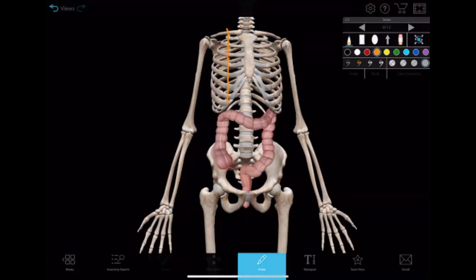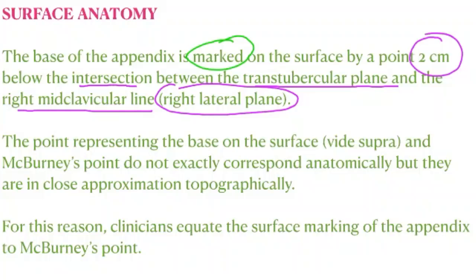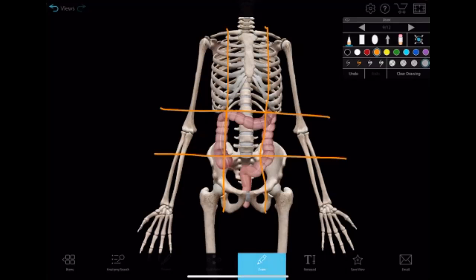So this is the right, and this is the left lateral plane or midclavicular line, subcostal plane, transtubercular plane, right? At 2 centimeters below the intersection of the transtubercular plane and the midclavicular plane. Okay. So this is the intersection of the transtubercular plane.